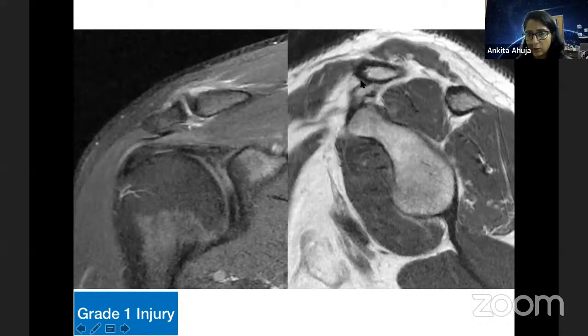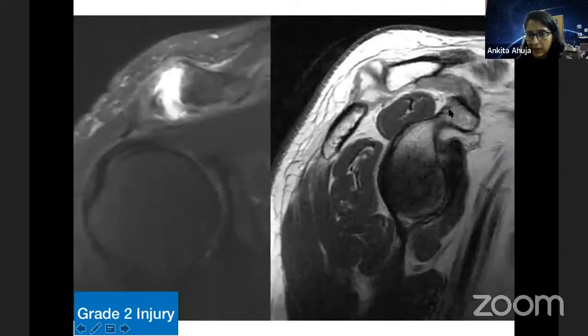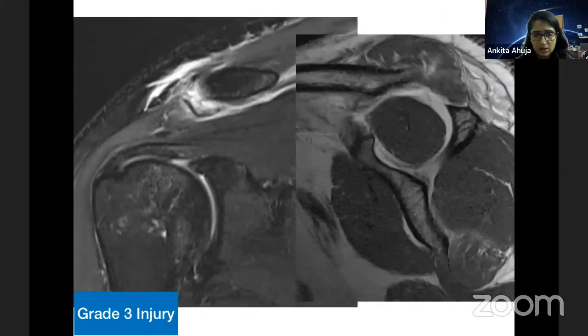This is how the normal two components look. And you can see here how thickened they are, from coracoid to clavicle. But still they are continuous. There is no disruption. So this is a coracoclavicular ligament sprain or a low-grade injury with disruption of the acromioclavicular capsule. So this is at least a grade 2 injury as we discussed before.